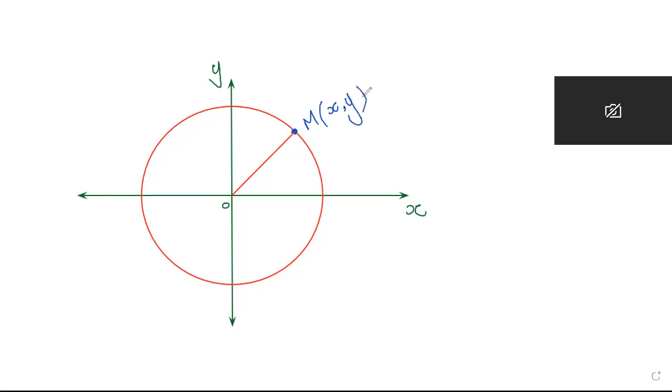You can project it along the x-axis like this, it gives you the x, and you can project it along the y-axis, it gives you the y. You have x and y.